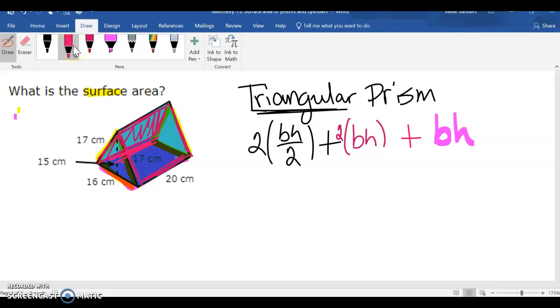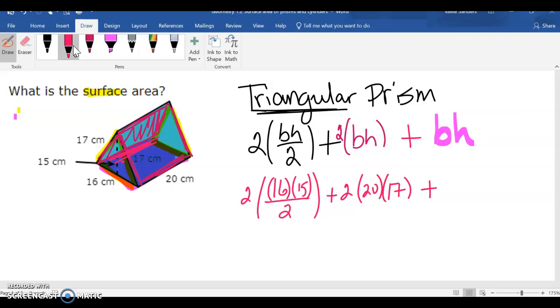Now the base of the triangle is 16. The height is 15. And then we have two of those. The base of the two rectangles that we have is 20, and the height is 17.